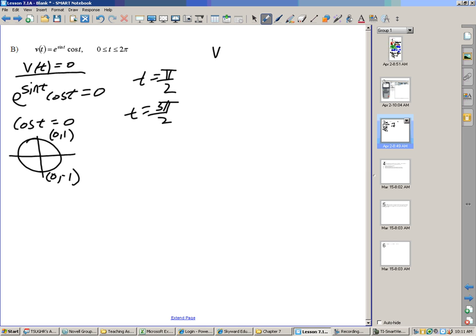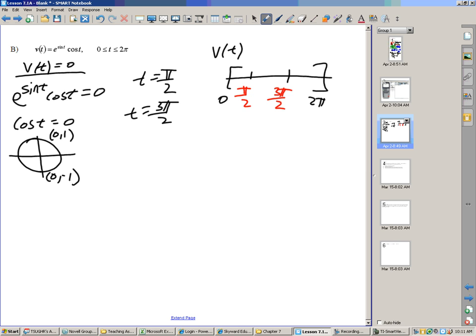So the velocity function, written as a sign chart, here's 0, here's 2 pi. Here's 3 pi over 2. And here's pi over 2.